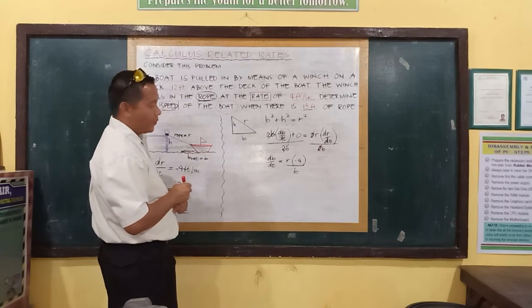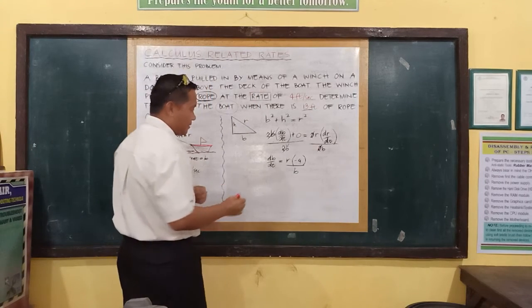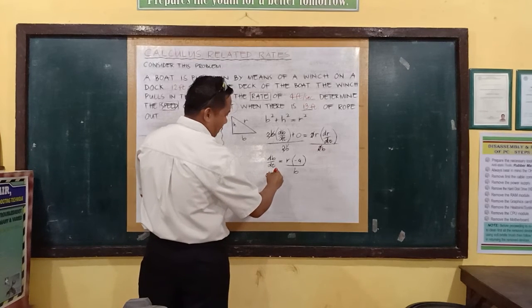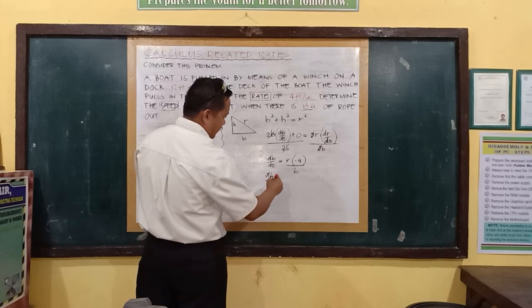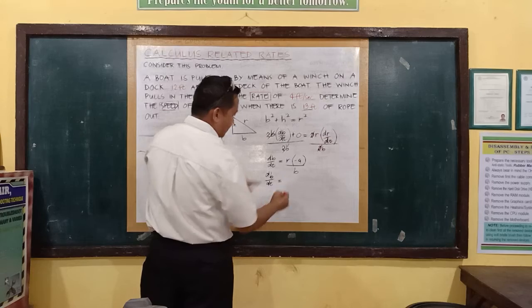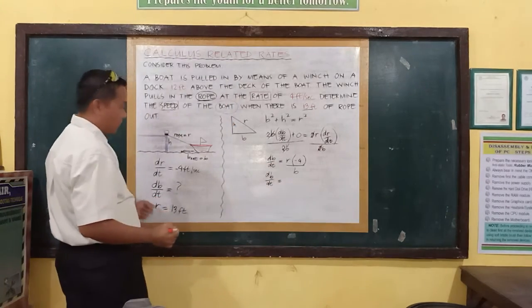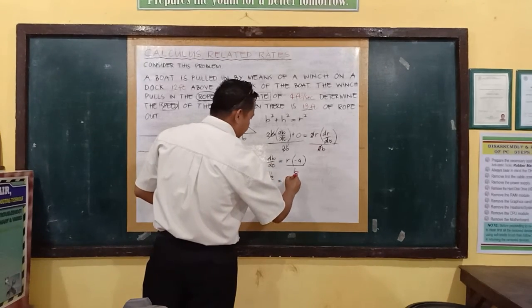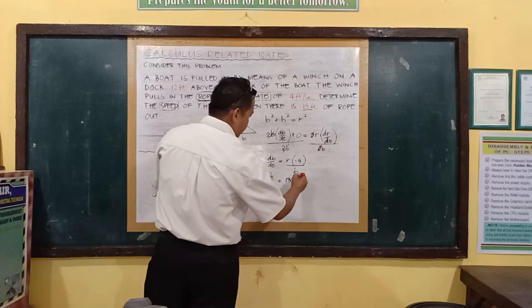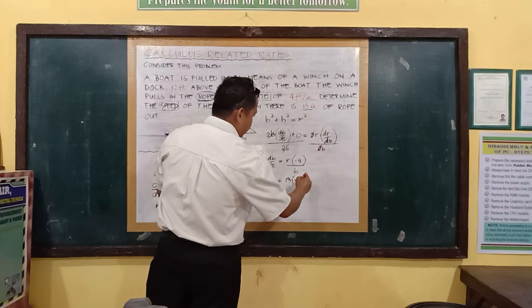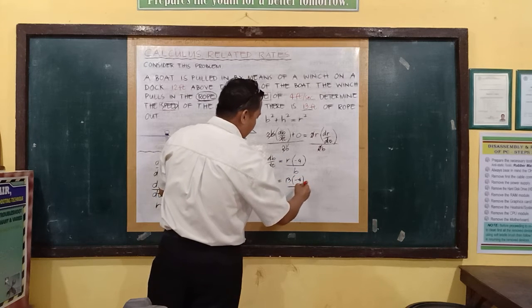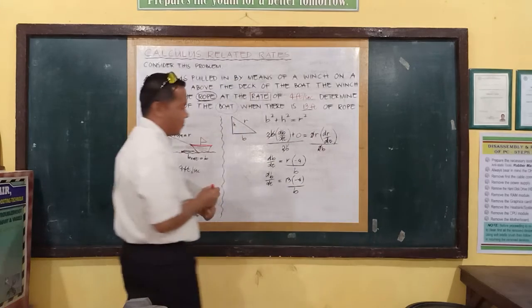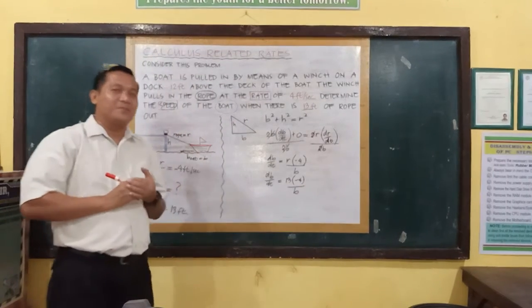Okay, we have something lacking here. dB/dt equals our R, we have 13 times negative 4 all over B. Are we done?